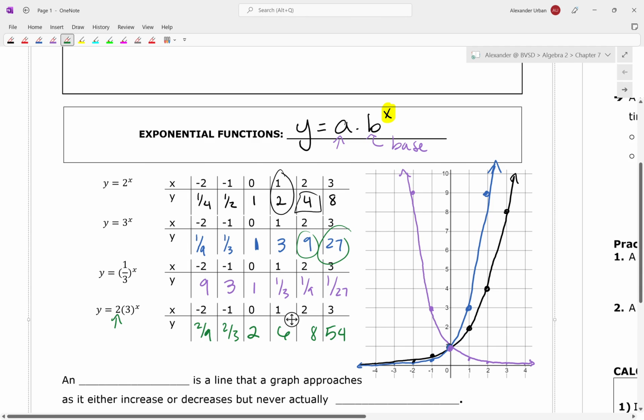Looks very similar. But this time, when we go about these points, we've been stretched by 2. Still an exponential equation, still a growth, just a vertical stretch.